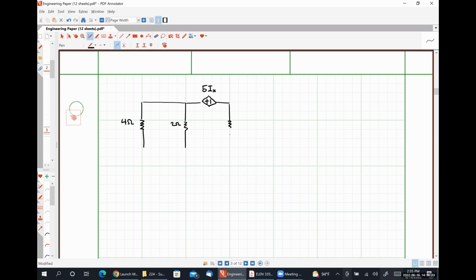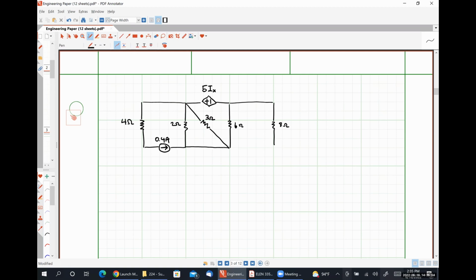Put a 6 ohm resistor here. Diagonally across, give ourselves a 3 ohm resistor. Put an 8 ohm resistor over here. Let's do a 0.4 amp source here.